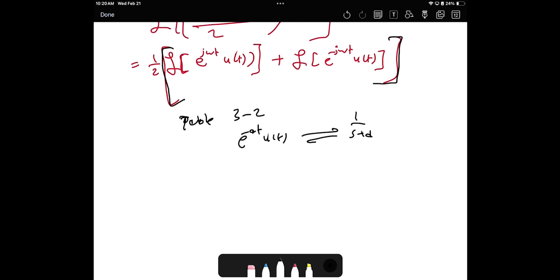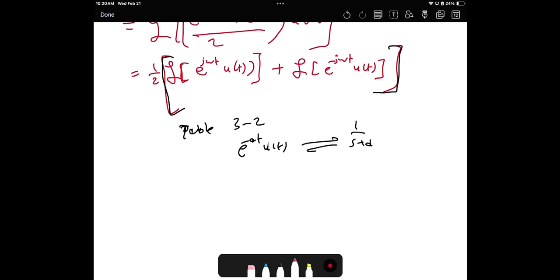So we can realize that here, the first one is positive, so the Laplace transformation will be 1 over s minus a. Since this one is negative, it is 1 over s plus a, but substitute a as j omega.